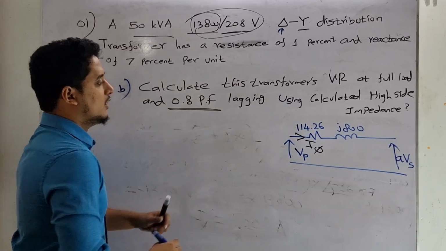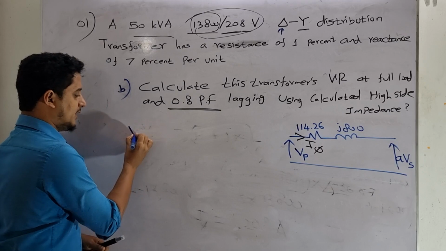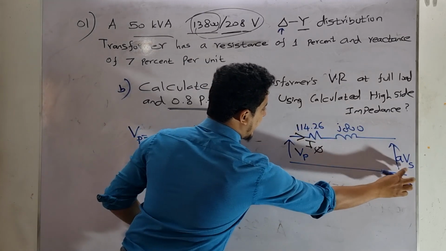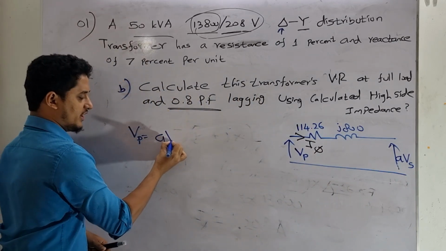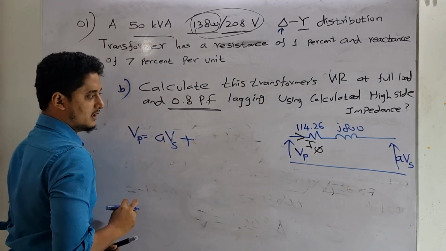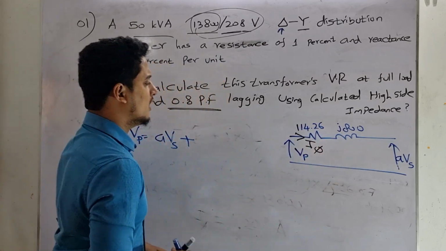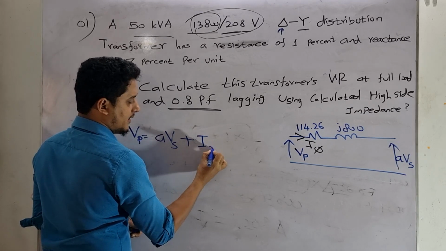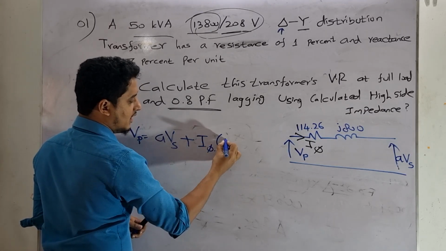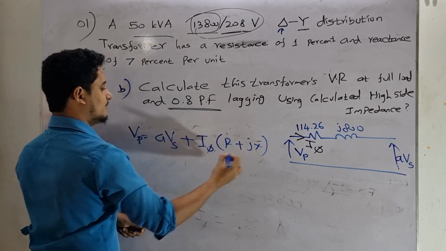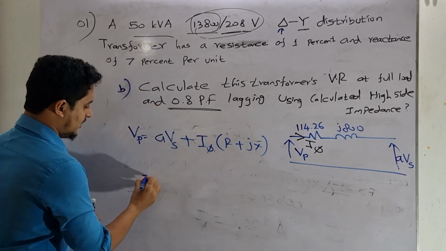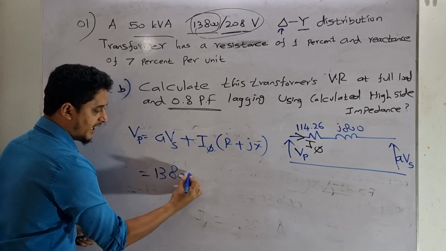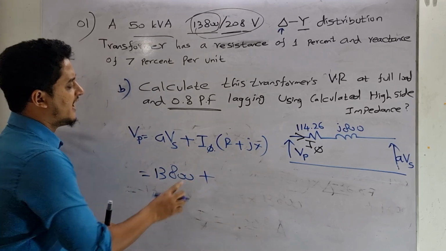So input voltage Vp is equal to A into Vs, output voltage, plus the voltage drop. So the voltage drop is the phase current I into R plus jX. So what is A into Vs? We have already calculated that, 13,800, plus phase current.